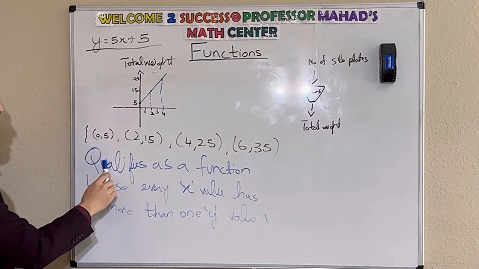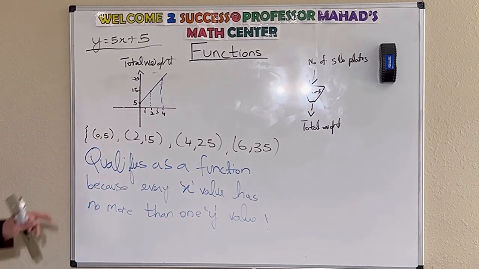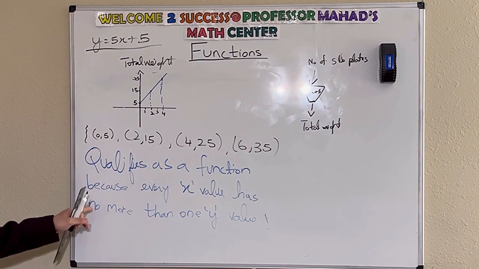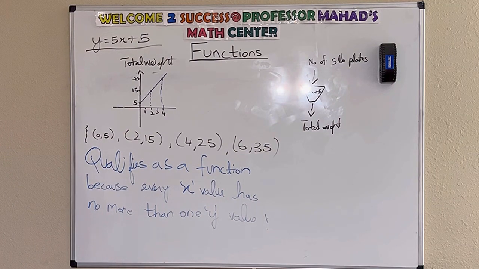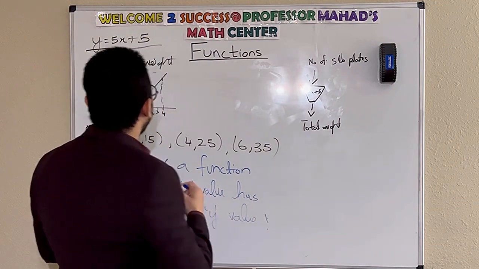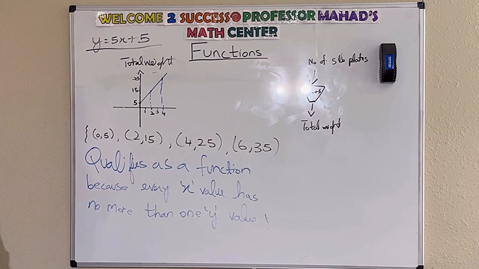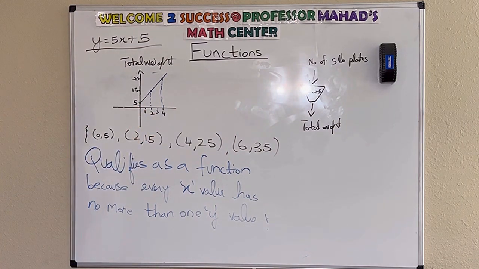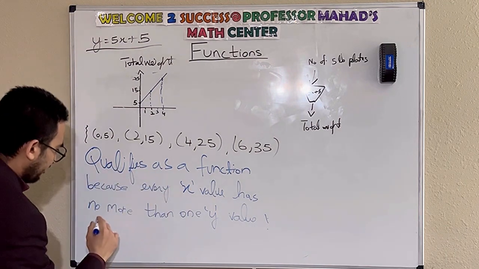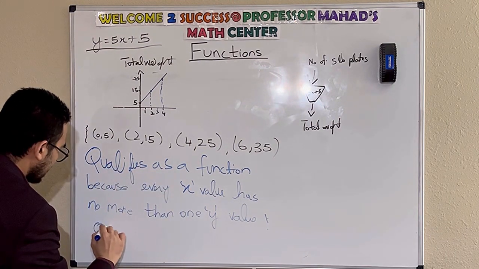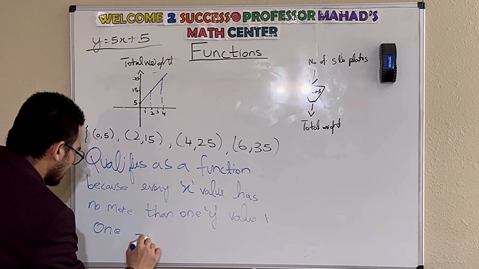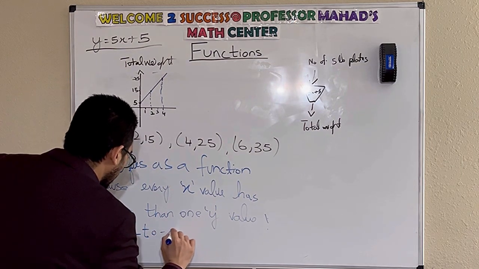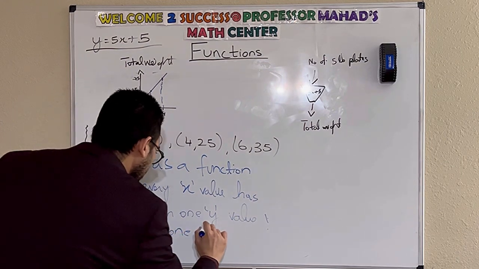For it to qualify as a function, every x value has no more than one y value. And let me tell you this, we call this a one-to-one function. For now, remember, this is a 1-to-1 function.